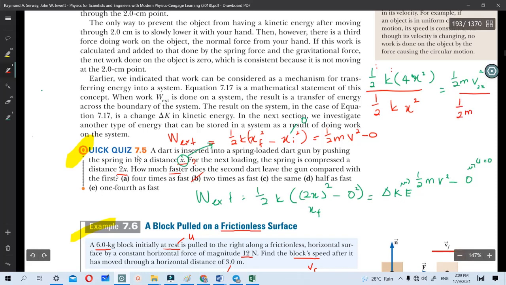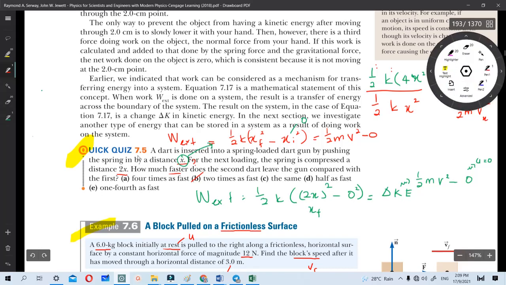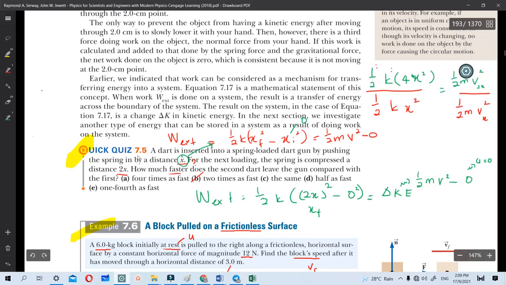So half m v for x. Now let's simplify it. Half, take away k; this is x, the same thing. Half, and then mass. So we are left with 4 equivalent to v for the second situation, over v for the original situation, when the compression is only x, squared.